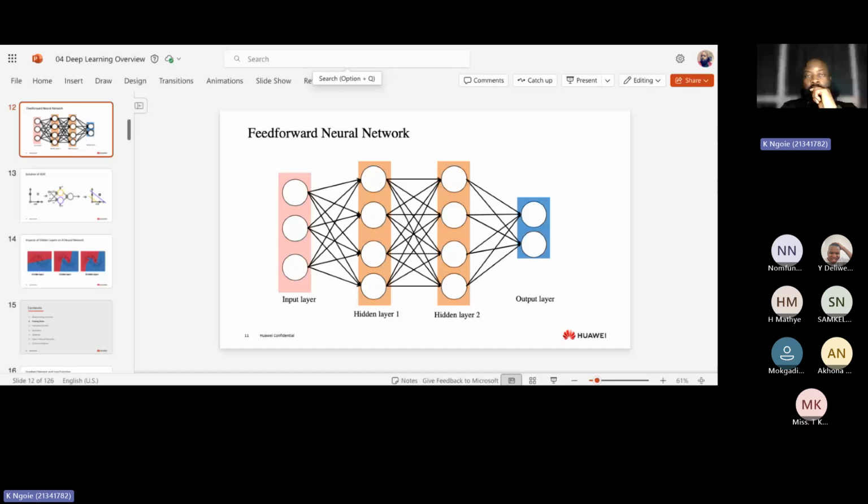Any question on that, guys? I have a question. Yeah. Is the sigmoid function the only function that's recommended on the output?